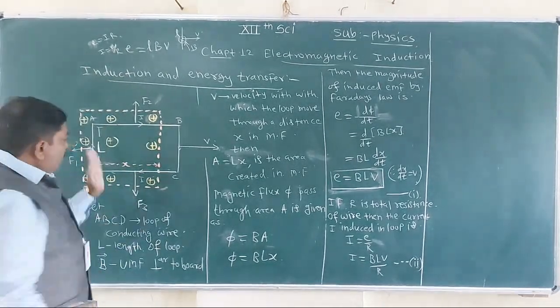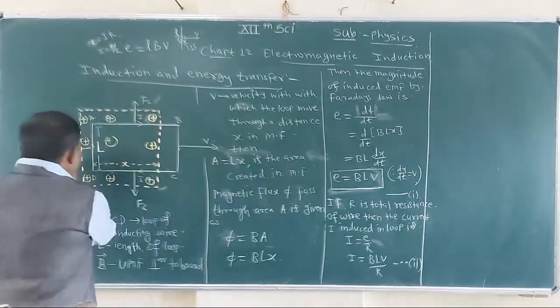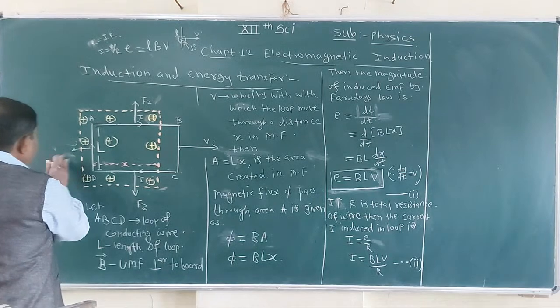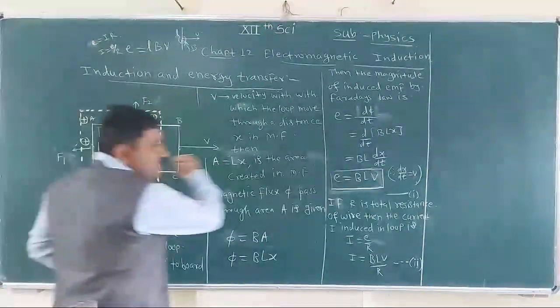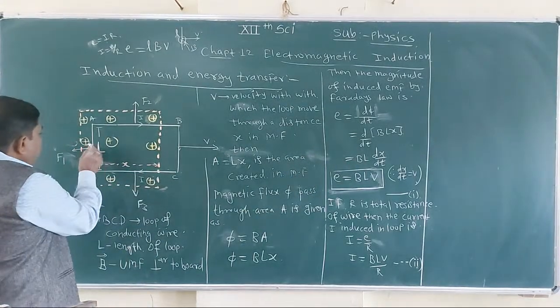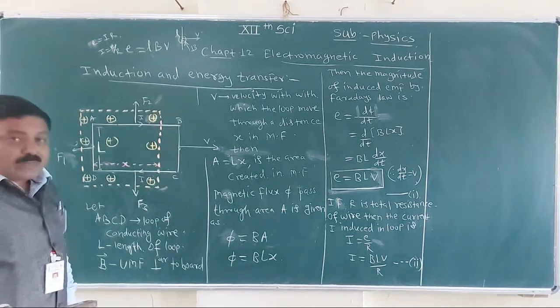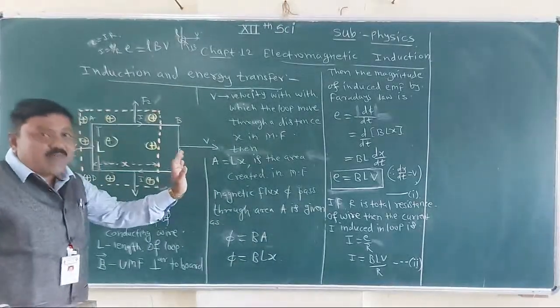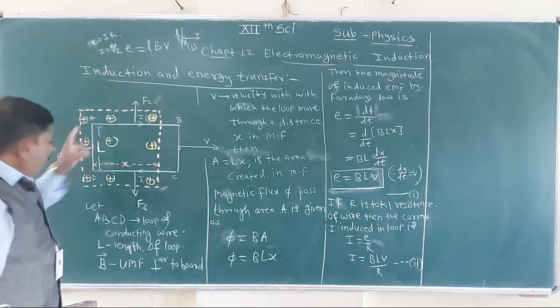Now, due to this velocity, the opposing force acting on the loop is F1. Opposing force म्हणजे ज्यावेळी तुम्ही हा लूप इकडे ओढता त्यावेळी या कंडक्टर मध्ये तयार होणाऱ्या करंटमुळे या ठिकाणी जो फोर्स तयार होतो तो अपोजिंग फोर्स असतो. त्याला इकडे जाऊ देत नाही, विरोध करतो आणि त्या फोर्सला म्हणतात अपोजिंग फोर्स. आणि तो फोर्स किती असणार आहे?